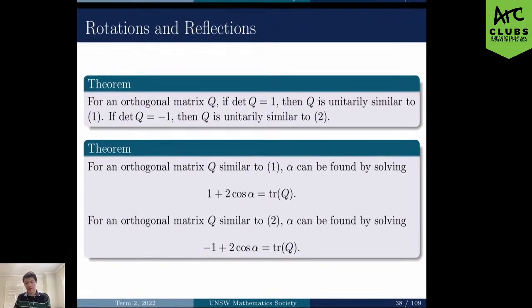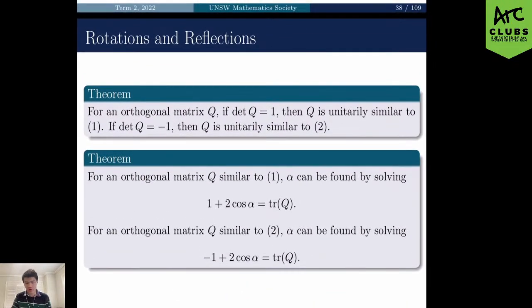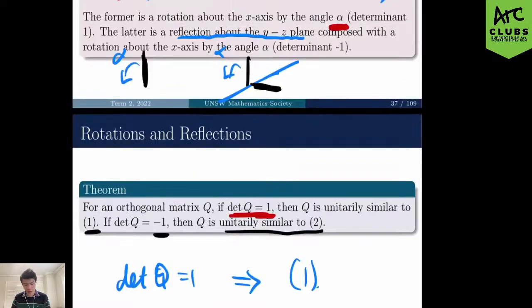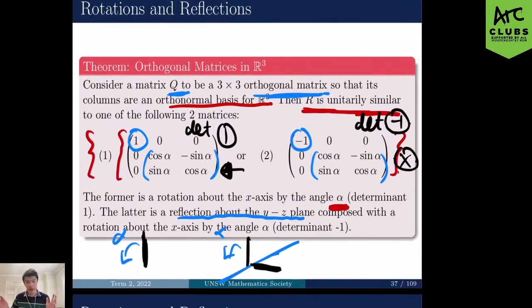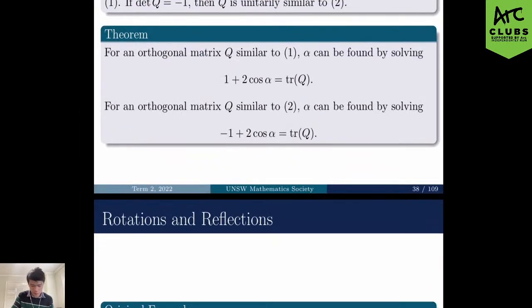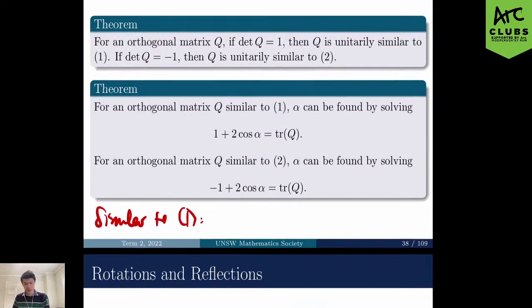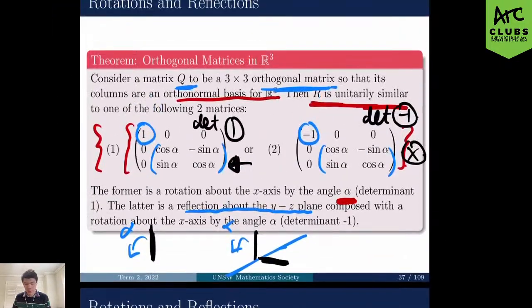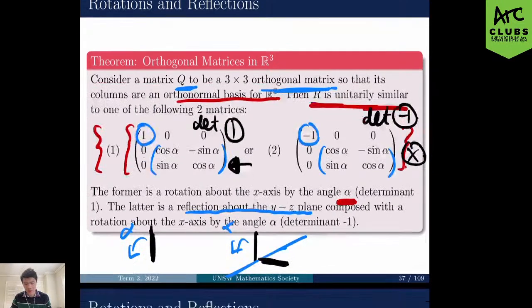And the other one is, how do you find out α? Well, again, the trace is a similarity invariant. So let's just say you've done an example, you've worked out it's similar to 1. Well, it comes down to solving for α, because the trace of Q is known.